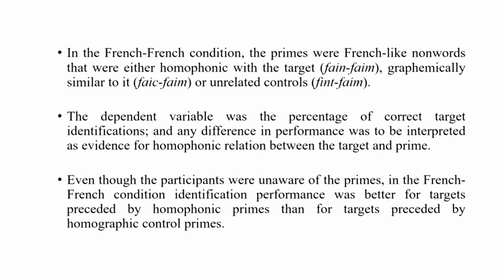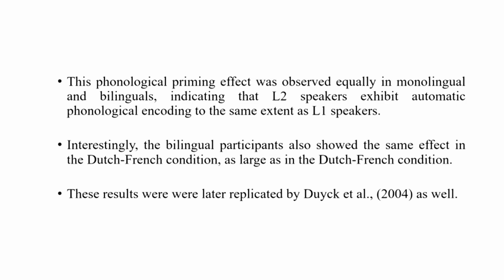So, in some sense what you are saying is that the phonological representations of the primes are actually being generated, and they are interfering in some sense with the lexical decision task. Now, this phonological priming effect was observed equally in both monolingual and bilingual participants, indicating that L2 speakers did exhibit automatic phonological encoding in the same way as the L1 speakers.